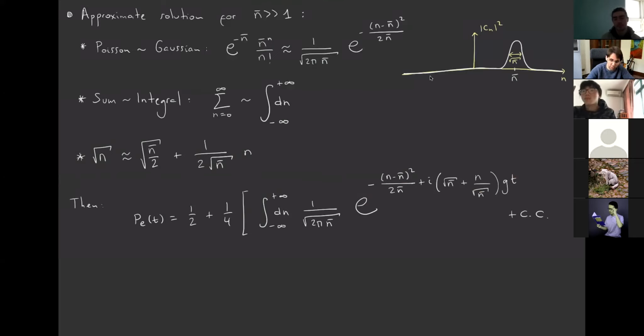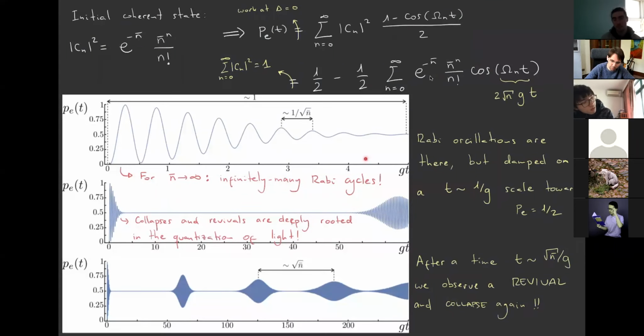You can do this integration in the same way that you have done for the exercises, and you will get this very interesting expression that looks like this. And here we are seeing all the physics that we have in this part of the curve.